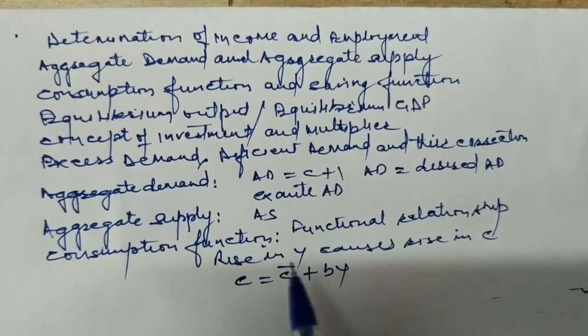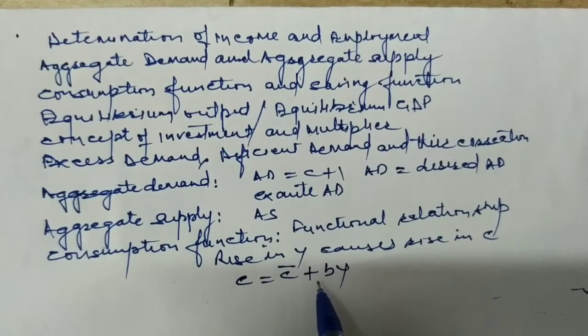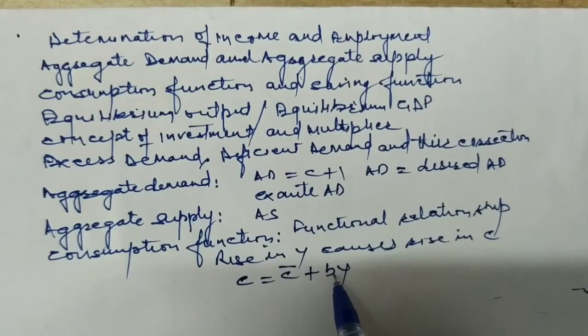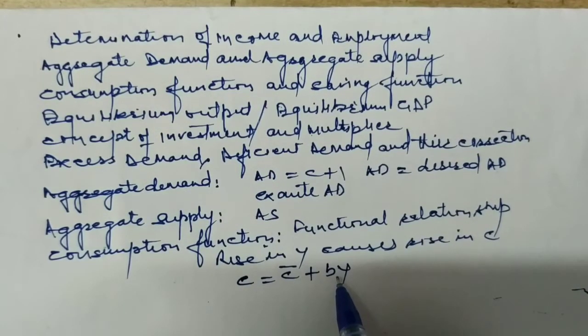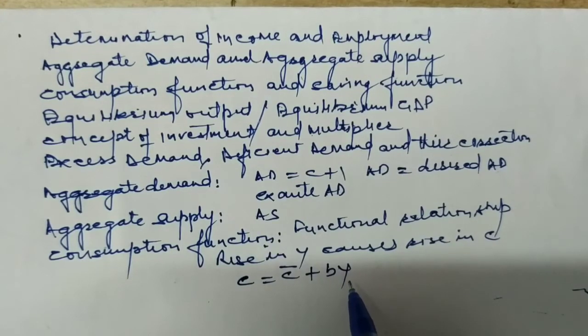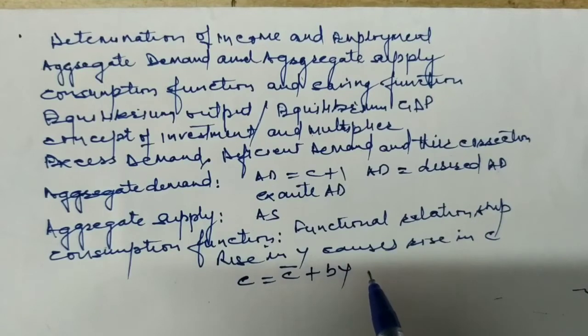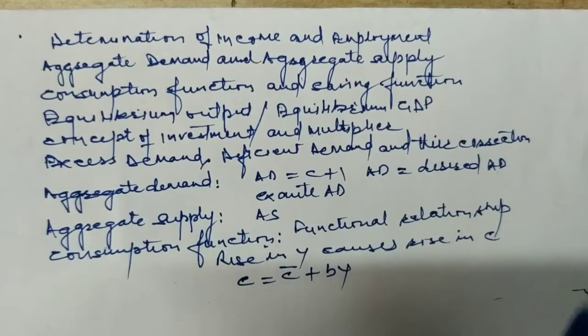Here C bar stands for constant or minimum level of consumption. b stands for the rate at which consumption increases when there is a rise in income. This is also called the marginal propensity to consume.